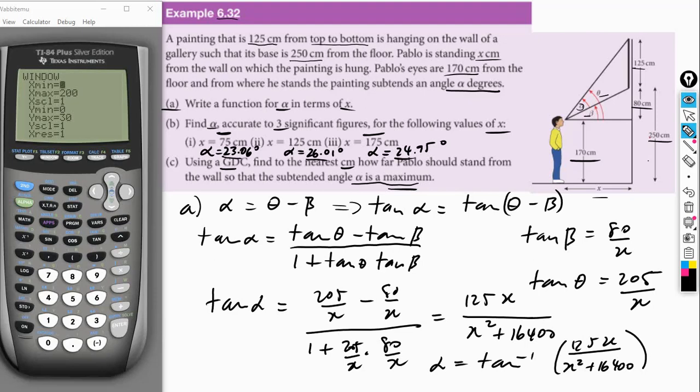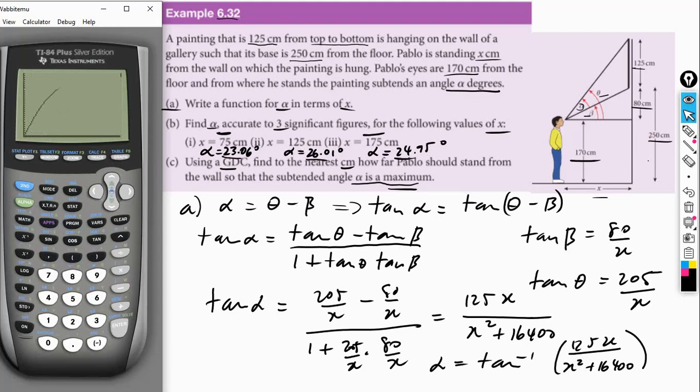So it looks like the maximum should be between 125 and 175. But what I need here is to know the domain and range. So 200 is a safe number for the maximum for the domain. So that's what we're going to use, 200. And then for the range, since we're doing degrees, let's say from 0 to 30. So once you're certain about the window, it's time to hit graph.